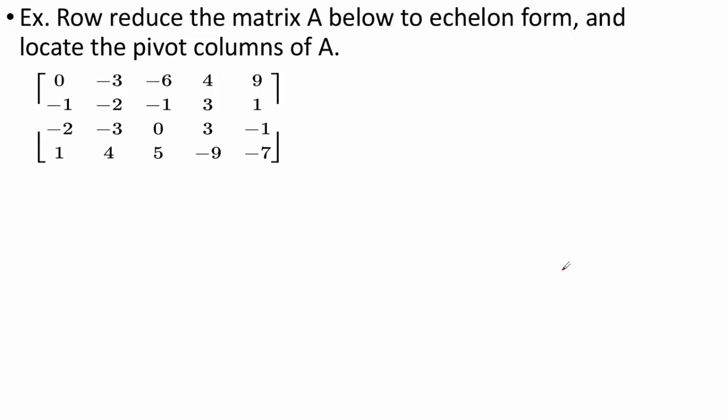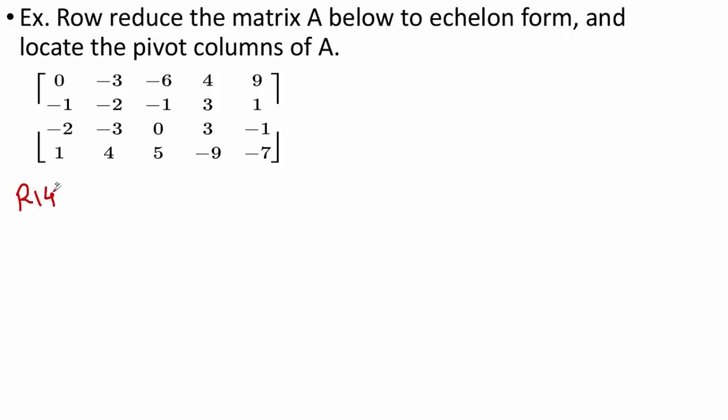Now we shall see an example. Reduce the matrix A below to echelon form and locate the pivot columns of A. We have to reduce it to echelon form. Here this is the matrix, and we know that the first element here must be non-zero. For that we shall use the operation R1 and R4.